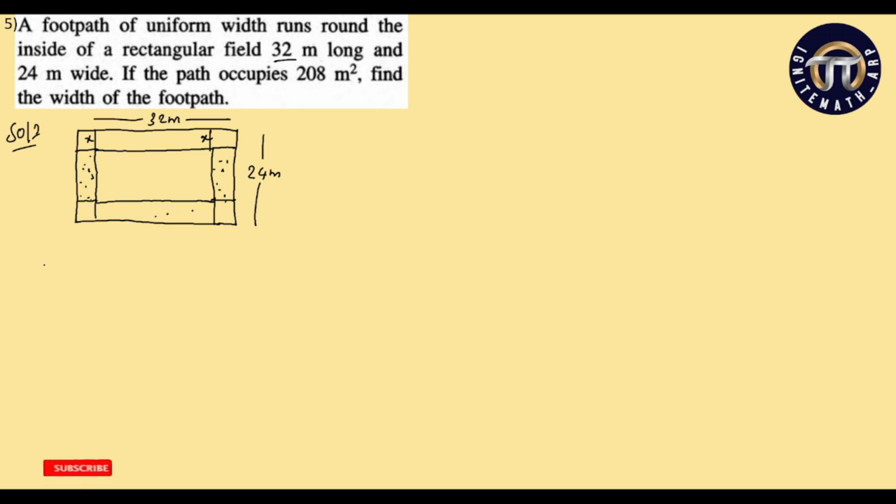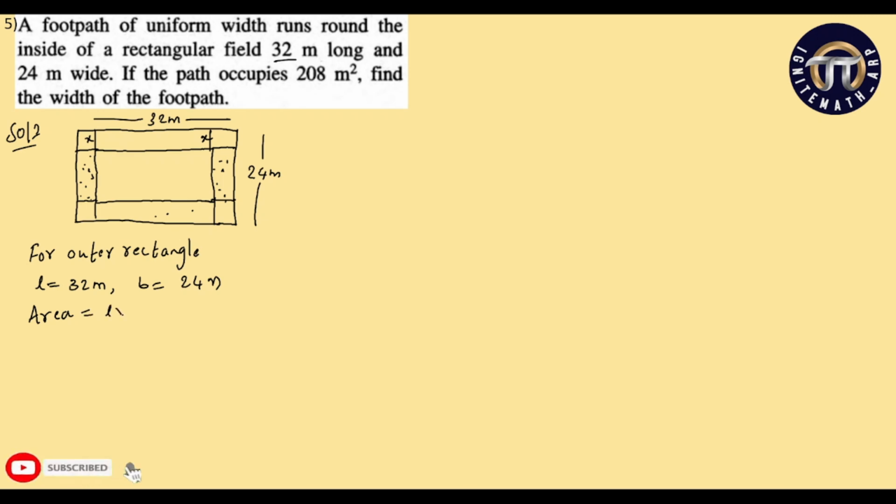Clear, children? So now for outer rectangle, what is the length? Can you tell me? It is 32-meter. What is the breadth? Is equal to 24-meter. Clear? So what is the area of the outer rectangle? Area is equal to length into breadth, that is equal to 32 into 24.